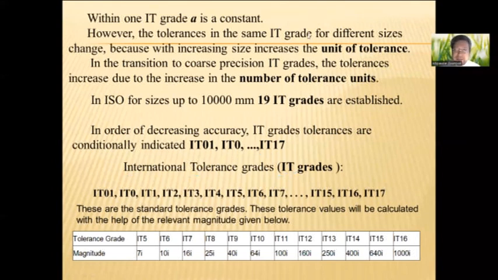So you can see the line of these IT grades from IT01, IT0, IT1, IT2, and to IT17. These are the standard tolerance grades. These tolerance values will be calculated with the help of the relevant magnitude given below.